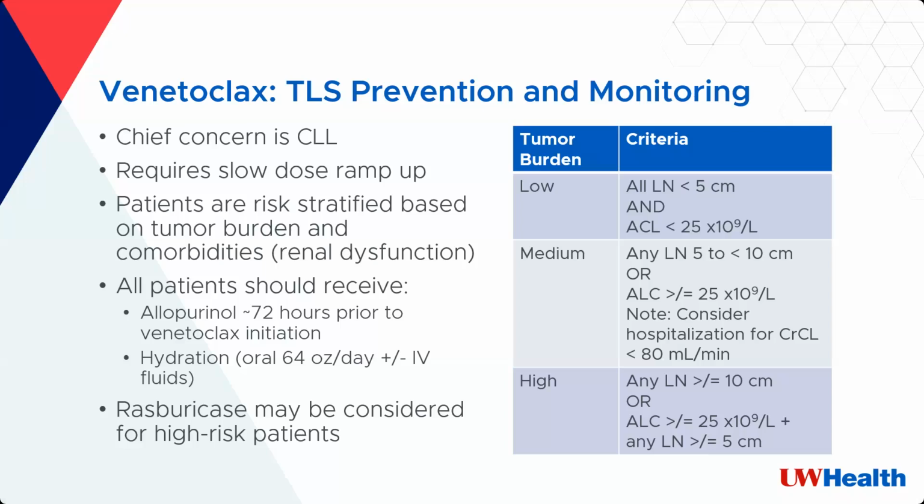You're looking at lymph node size and absolute lymphocyte count. All patients are going to receive allopurinol for at least 72 hours prior to venetoclax initiation, ideally. They all need to maintain good hydration, which means 64 ounces of fluid orally per day, plus or minus some IV fluids. And then you can even consider rasburicase in our high-risk patients in this setting.